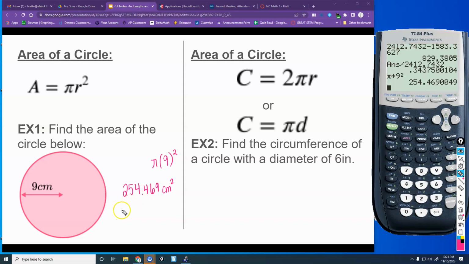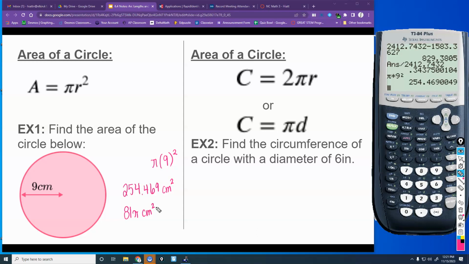You may also see this as 81 pi centimeters squared. Sometimes they don't multiply the pi in there. So straight area of the circle is what we're doing there.